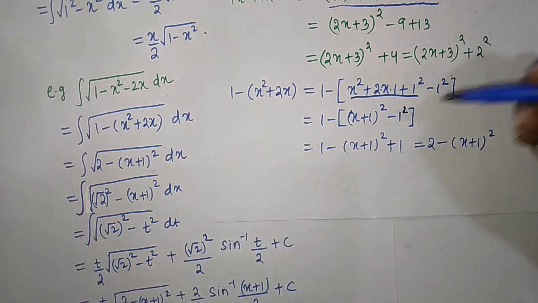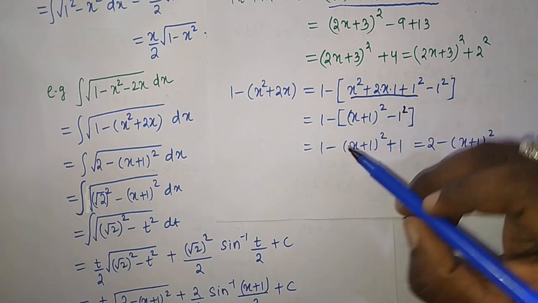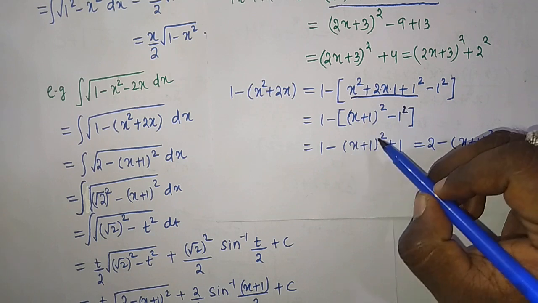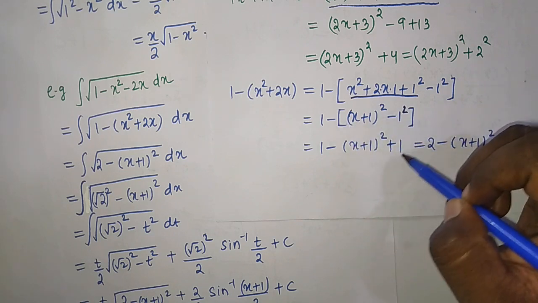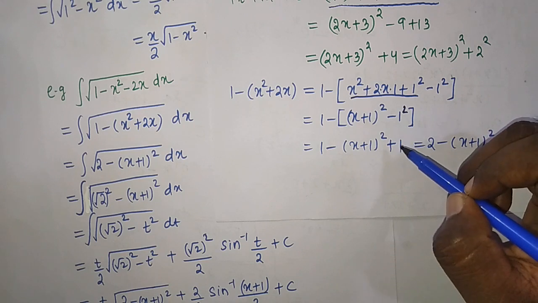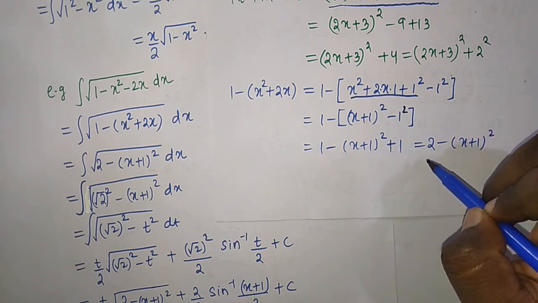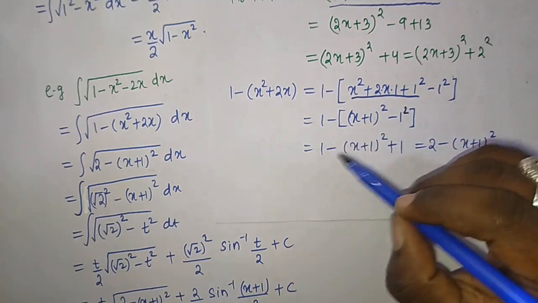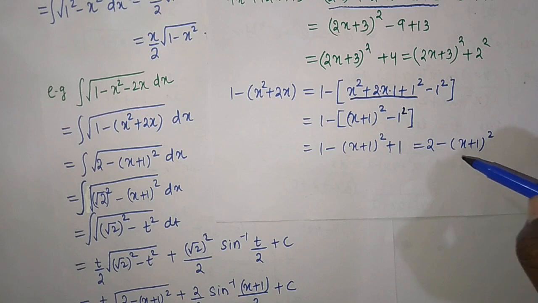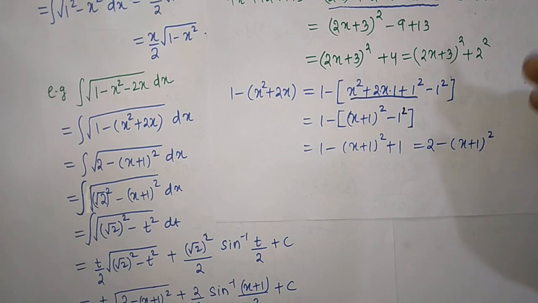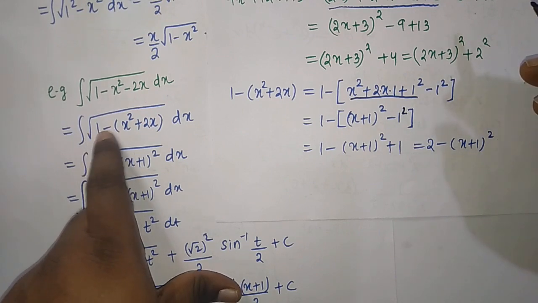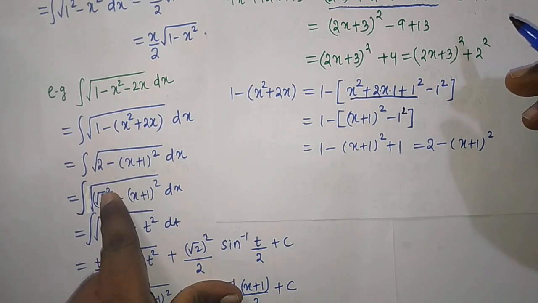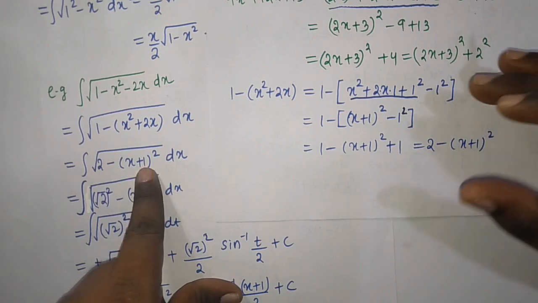And 1 square is 1, and here it is a minus sign, so it will become minus x plus 1 whole square, and minus minus is plus 1. And 1 plus 1 is equal to 2, so this form becomes 2 minus x plus 1 whole square. So in place of 1 minus x square plus 2x, I have put 2 minus x plus 1 whole square.